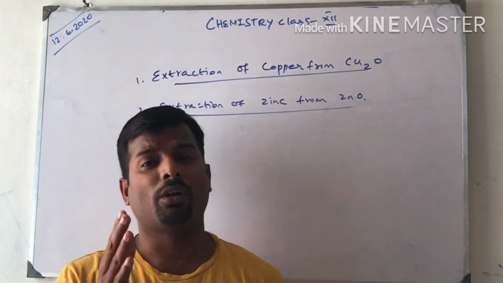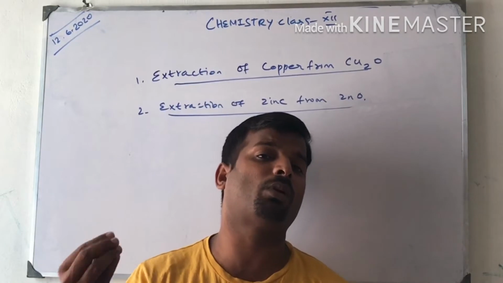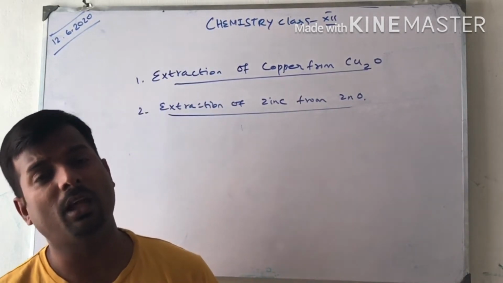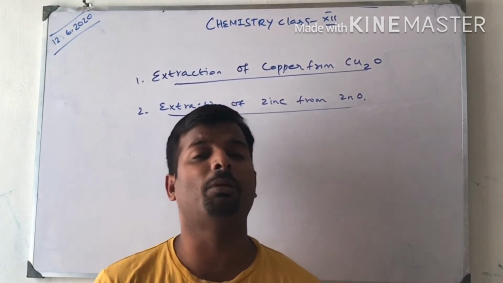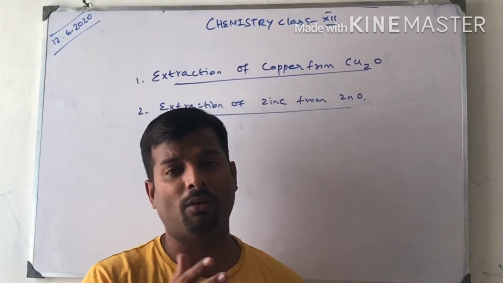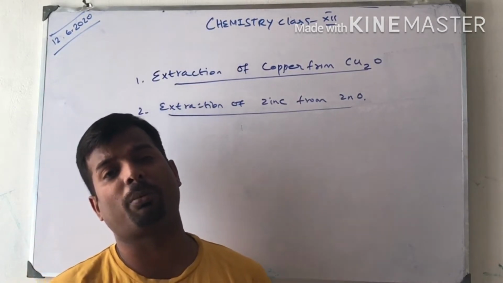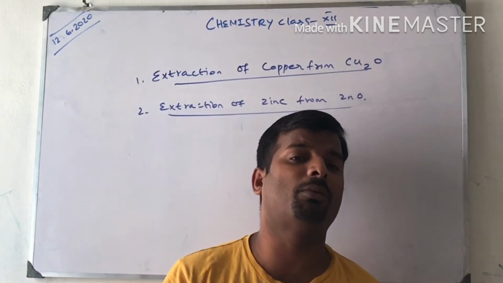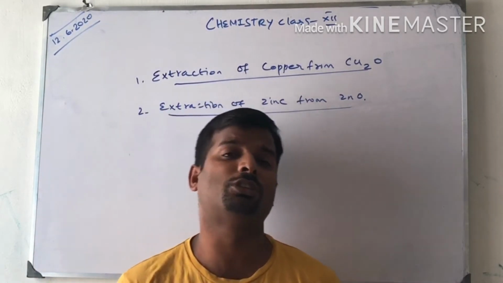Reducing their metal oxides is difficult, and we have to apply more temperature to reduce them. Copper oxide is unstable because copper has a positive EMF value, plus 0.34, so it can easily be reduced by a suitable reducing agent.